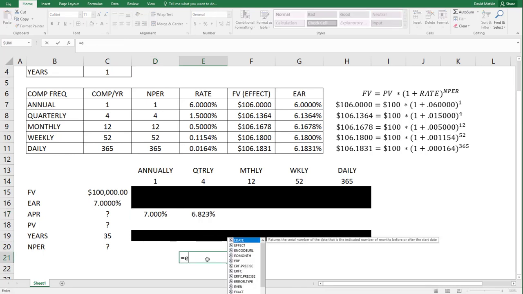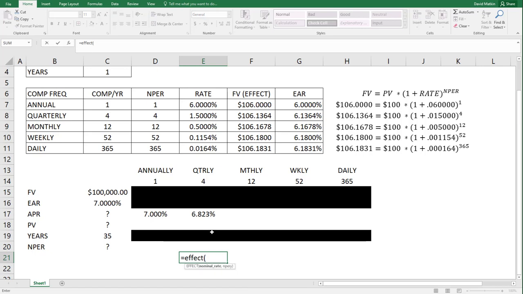Okay, so look, we do the effect function, or the effective rate of 7%, and look at the number of periods per year. All right. So that's just reversing that calculation, okay?